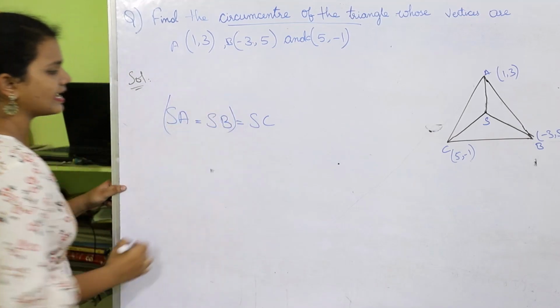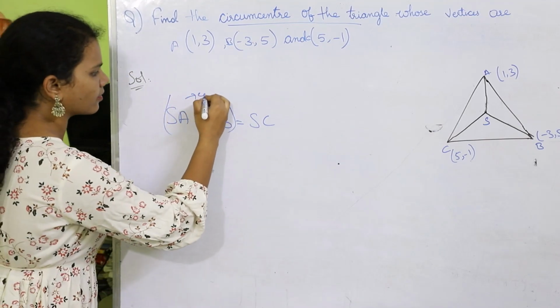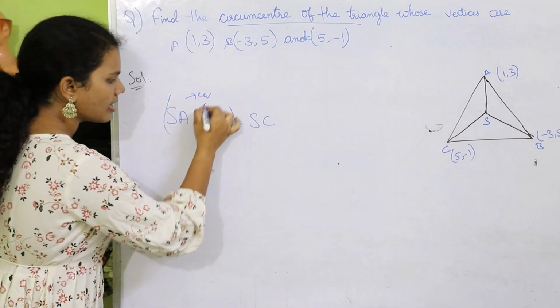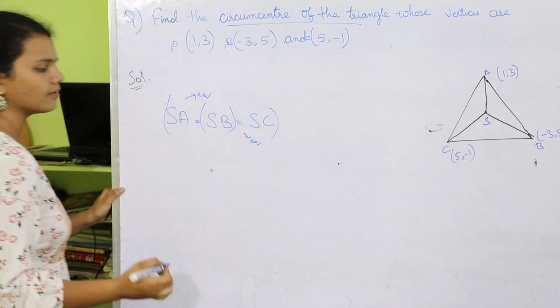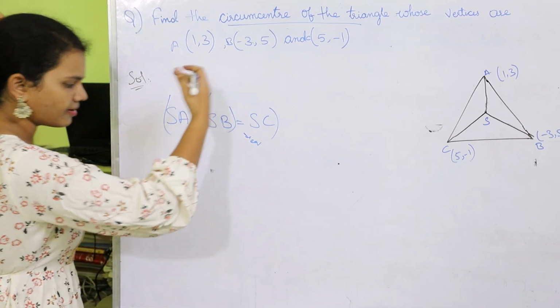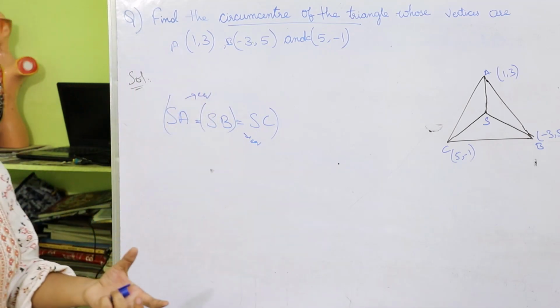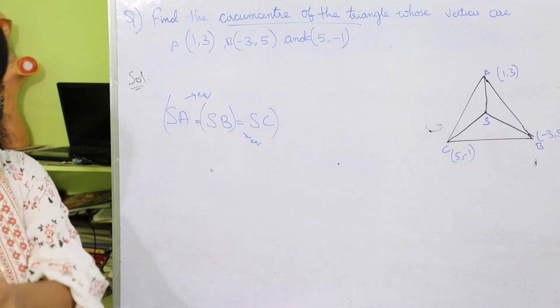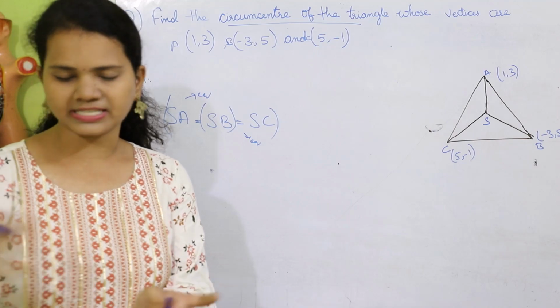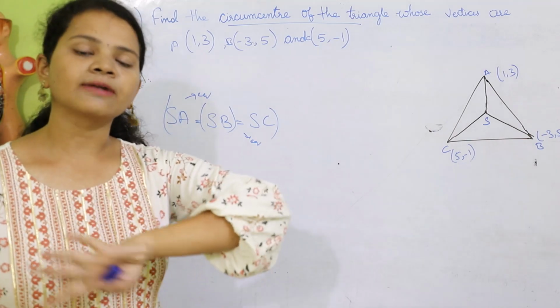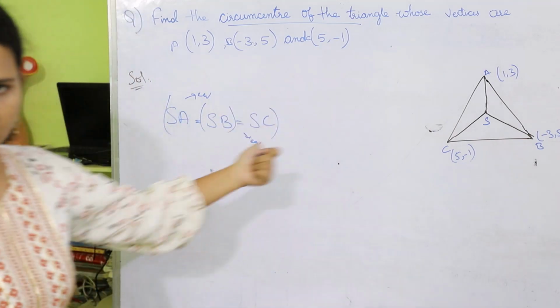If you equate SA and SB, you will get an equation. If you again equate SB and SC, you will get another equation. Solving those equations, you will get the value of x and the value of y, and those values will be the circumcenter of the given triangle.